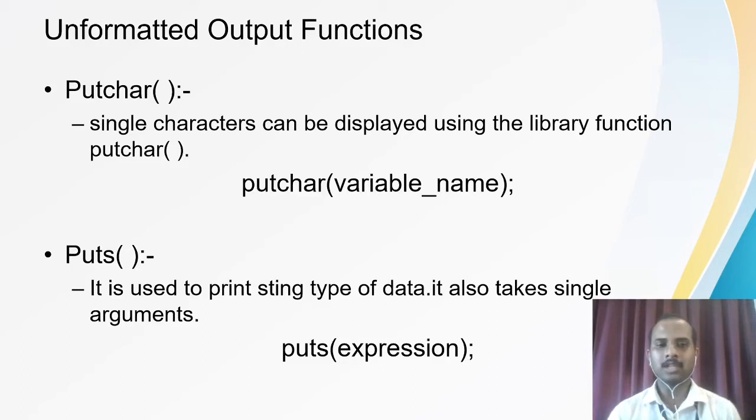So putchar and puts are very similar to the printf statement. They display the information on the output screen, and getchar and gets are very similar to the scanf statement, where you accept the data or information from the keyboard.